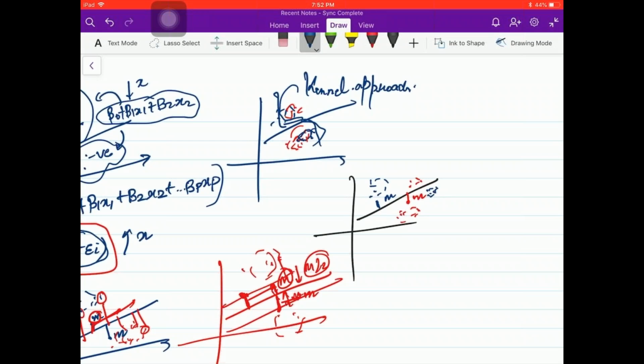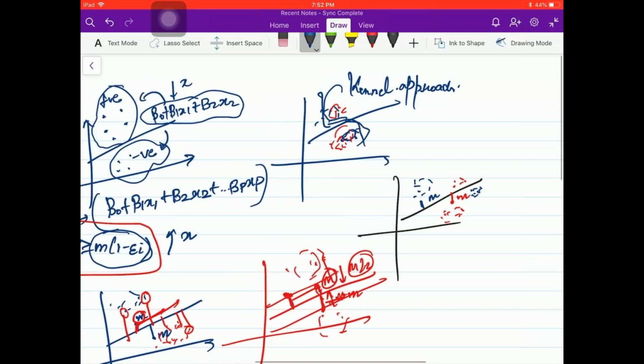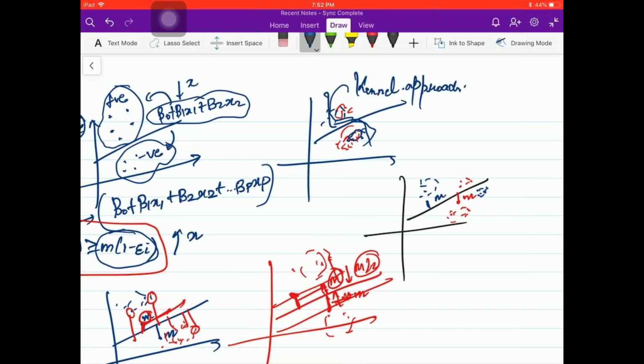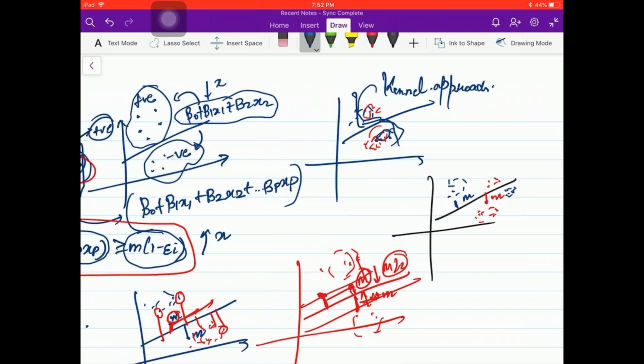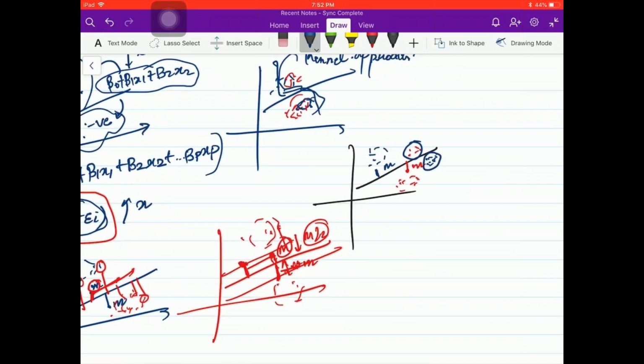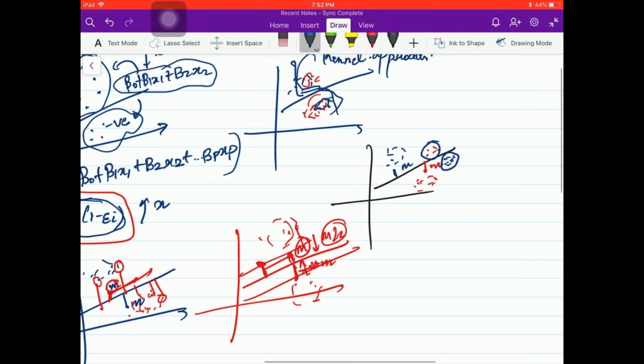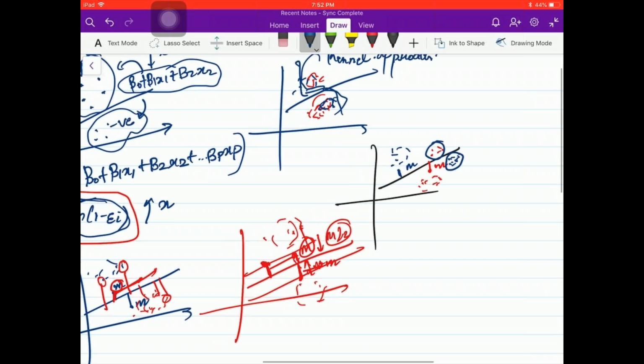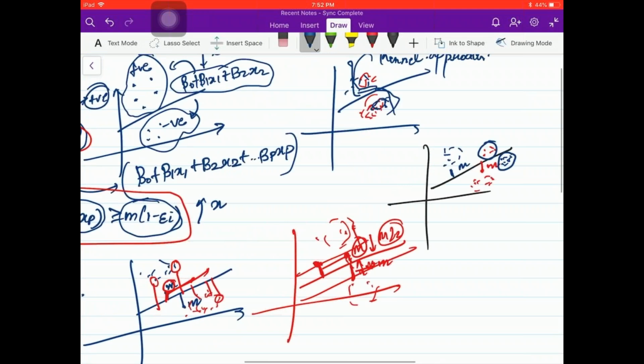You say to the line, have some leeway here, that even if you misclassify some points, it's okay for me. Even if you don't perfectly fit all the points, it's okay. So what you do is you introduce something called an error.